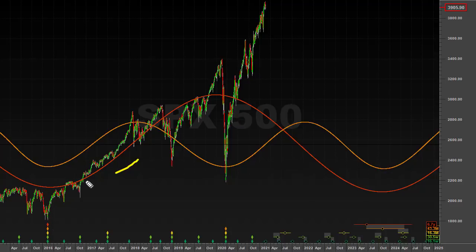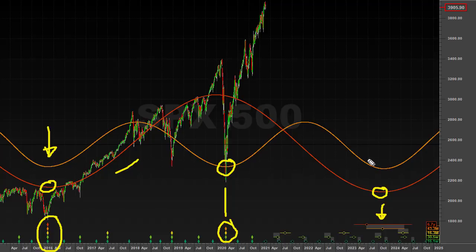So for instance, this red line is the 9-year cycle line, and you can see it reaches a low point or a trough where the trough has been found in price, and it will reach another trough where the next trough of the 9-year cycle is expected. Similarly, this orange line is the 54-month cycle line. It is also forming a trough at the time of the 54-month cycle trough, and here it is forming another trough, and so forth.